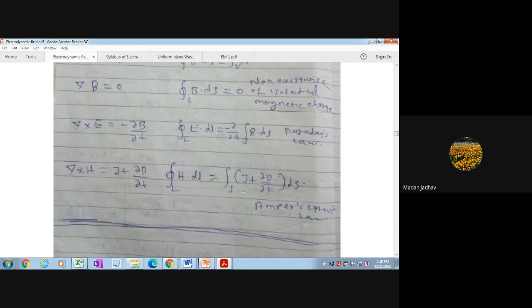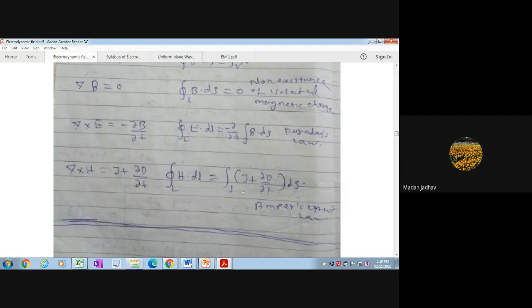That is the meaning. If you want to find the total current flowing through that surface, you just have to take the closed line integration of the magnetic field intensity around that closed loop, so that you will get the total current through that conductor.